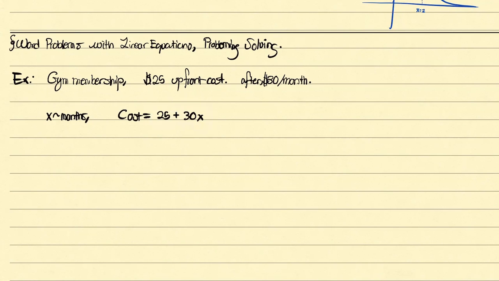So that's why it gets separated from this X. But after that, every month you pay will be $30. So let's say you want to buy 10 months of subscription of a gym membership. What I can do is tell you exactly how much that will cost right away. I'm going to plug in 10 into this cost equation. That's 10 months of membership.